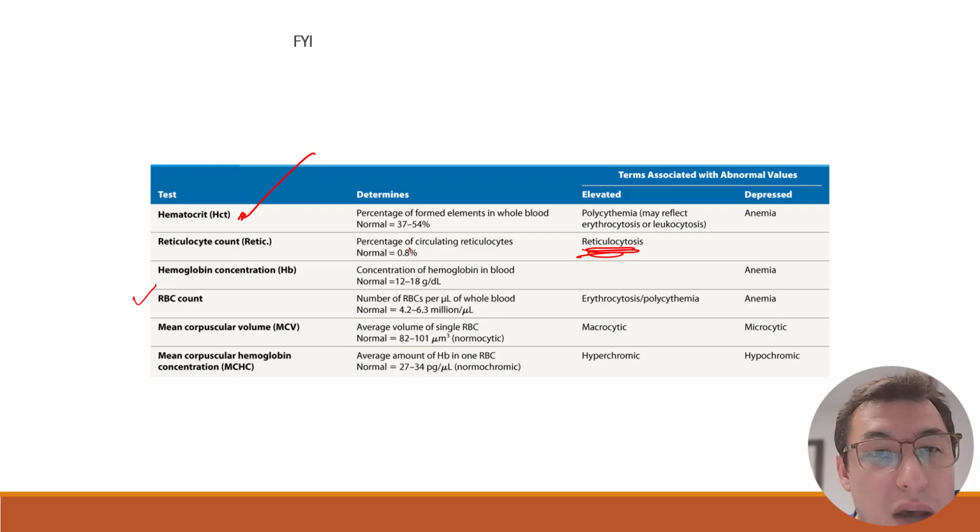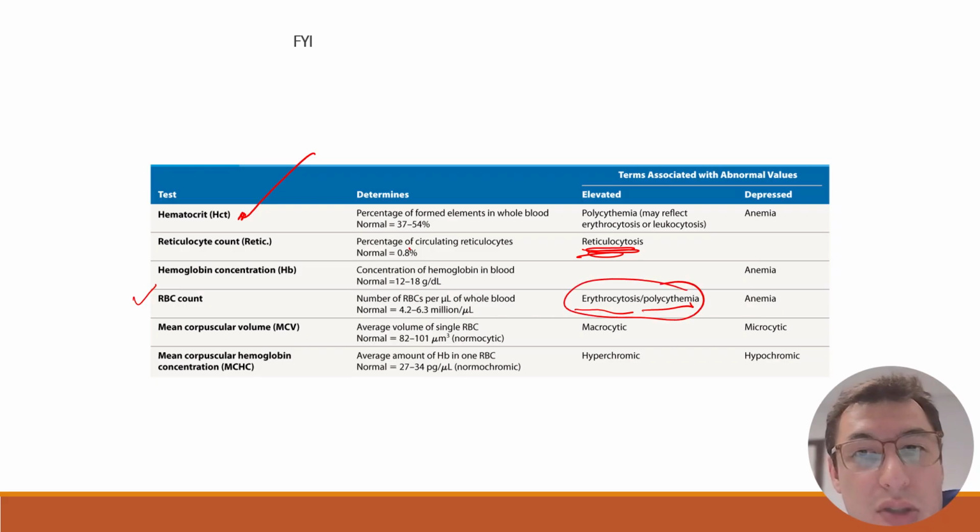Here we're talking about 4.2 to 6.3 million per microliter. Erythrocytosis or polycythemia talks about elevations in red blood cells. If the results are lower, it will mean that there is anemia. If there is a decrease in the hemoglobin or in your hematocrit, it means that there is anemia, which means that there are not enough red blood cells.